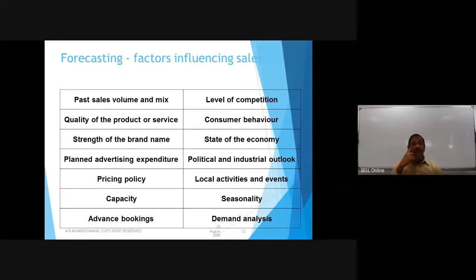The level of competition: how the competitors behave. Right? This is very difficult to calculate, but you may be able to observe what the competitors' behavior is.